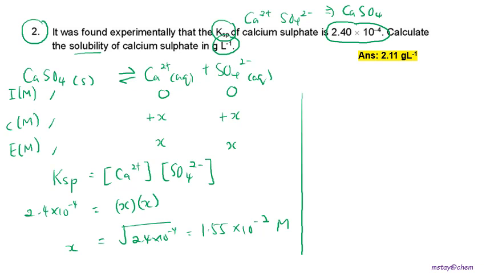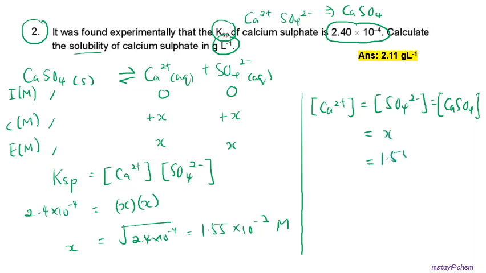Then the next one, concentration Ca2 plus, same with concentration SO4 2 negative, also similar with concentration calcium sulfate, which is equal to x, and the value is 1.55 exponent negative 2 molar. Okay, so now we have the unit of mole per liter, and then we need to convert to gram per liter.